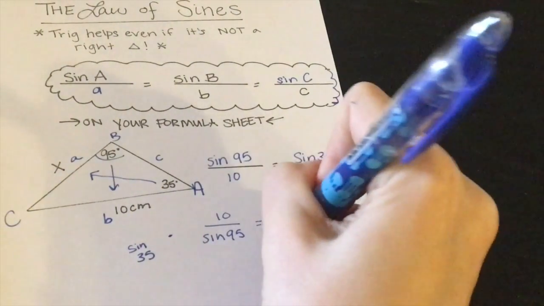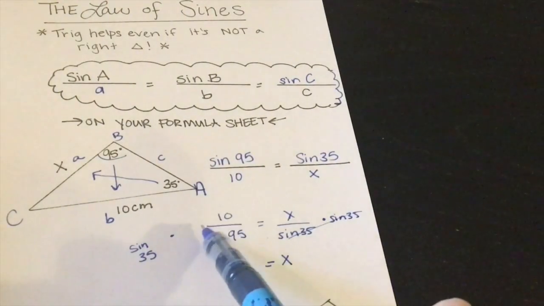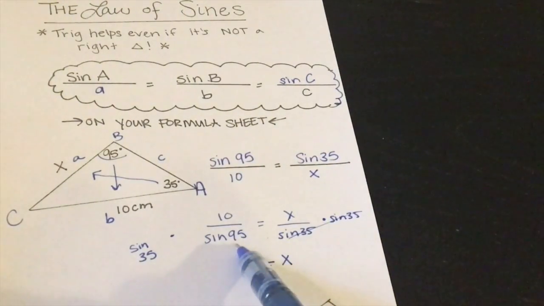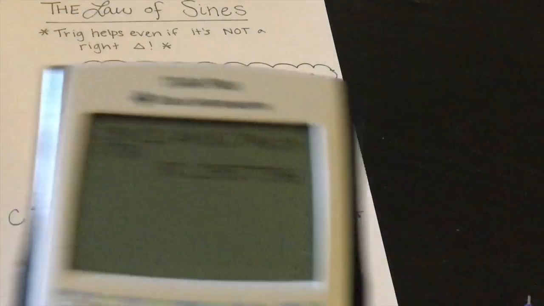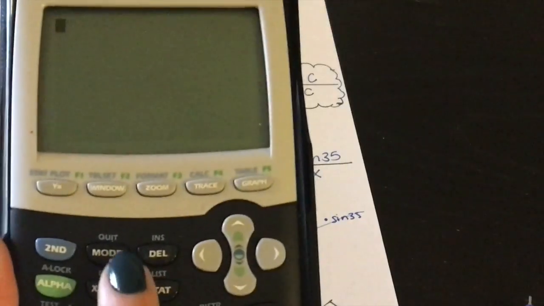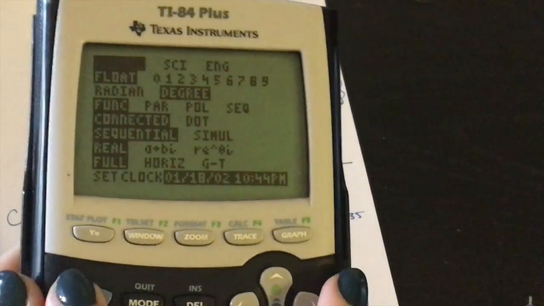So what I'm going to do is 10 divided by the sine of 95, and then I'll take that quantity times the sine of 35. Again, make sure that you are in degree mode.